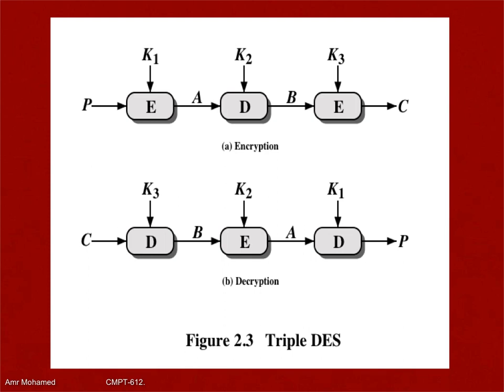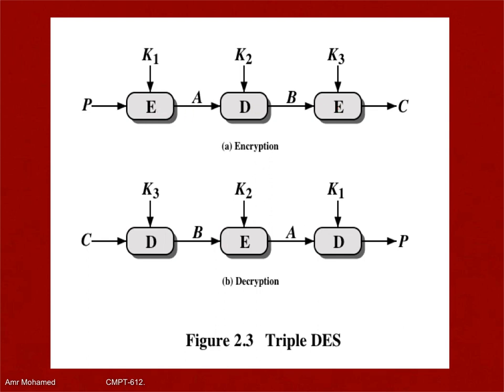So as we discussed last time, each key here is how many bits? 56. Bravo. So this key is 56, and these are 3 keys, so 168. One thing we notice here is that the plain text is applied 3 times.